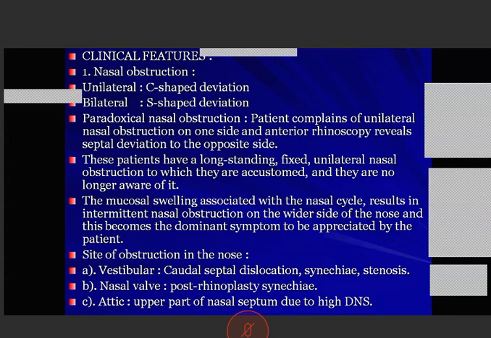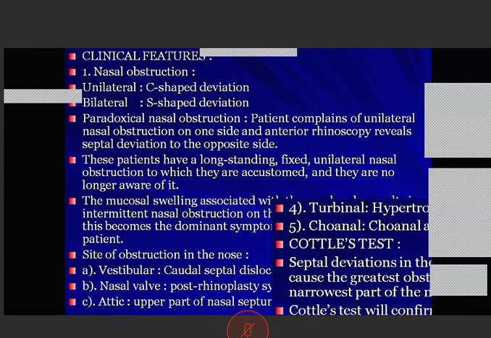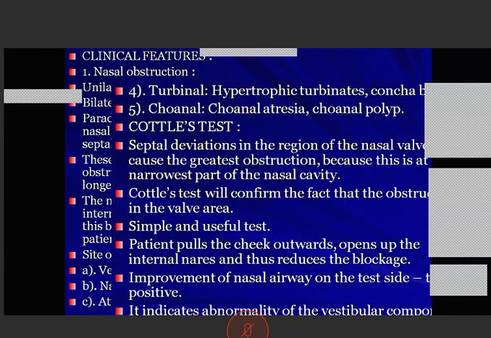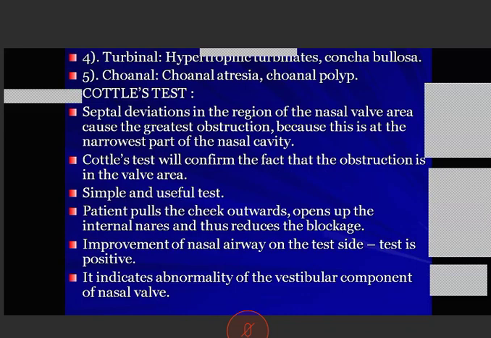So the upper part of the nasal septum due to IDNS. Then turbinate, that is hypertrophic turbinates, concha bullosa. Other is choanal atresia or choanal polyp, intrachoanal polyp. You may have obstruction at the choanal part. So these are the various parts of the nose where you may have obstruction due to these reasons.